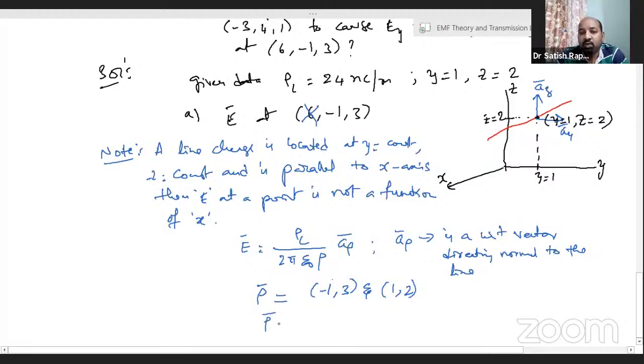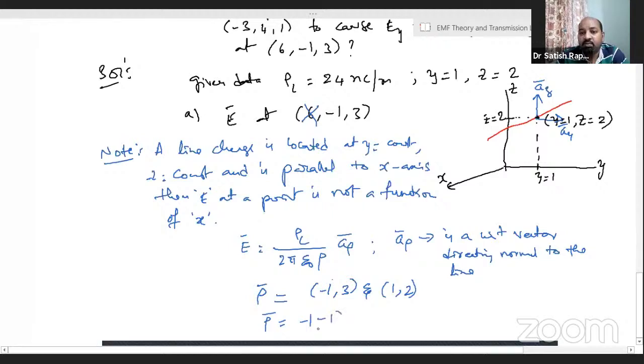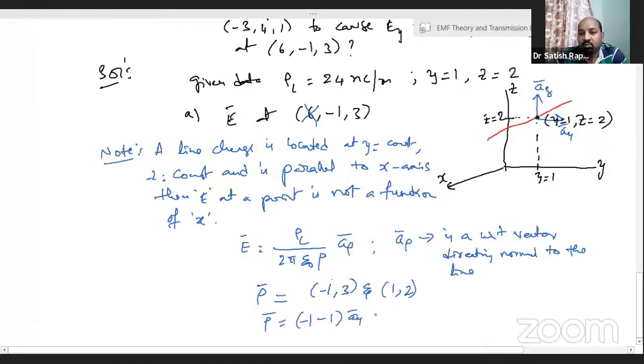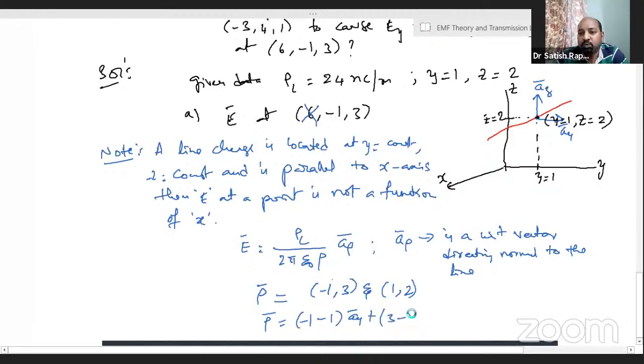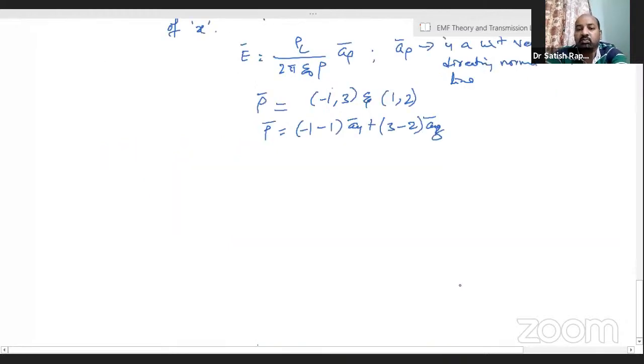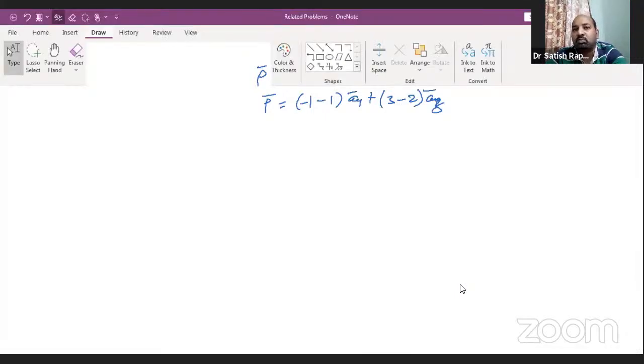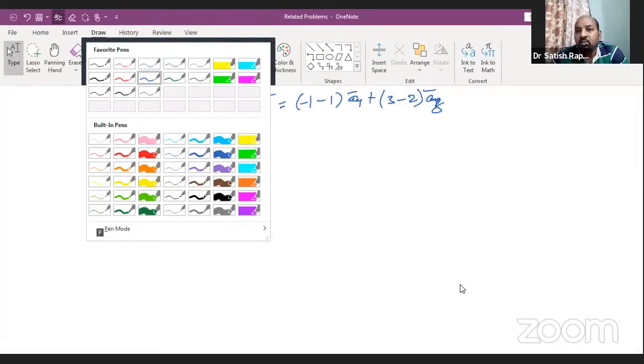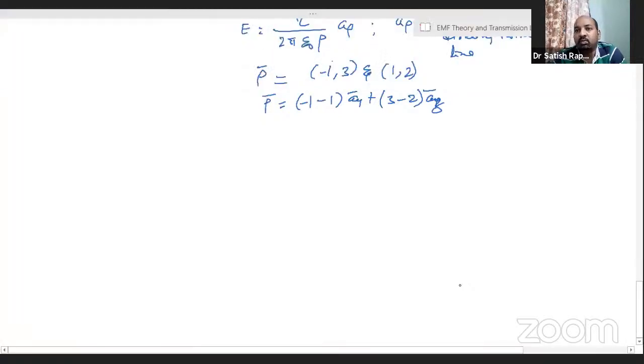Rho bar is equal to (-1 - 1) ay bar plus (3 - 2) az bar, right?